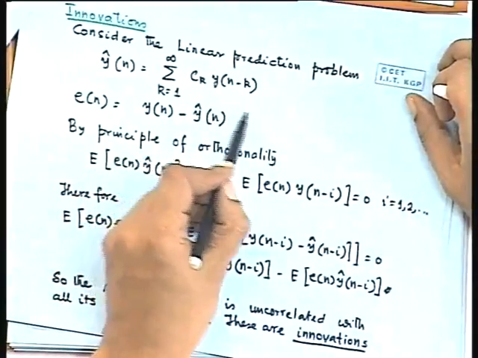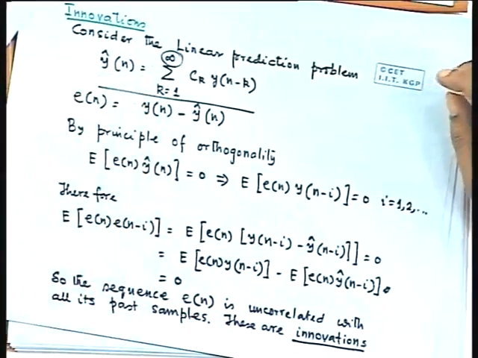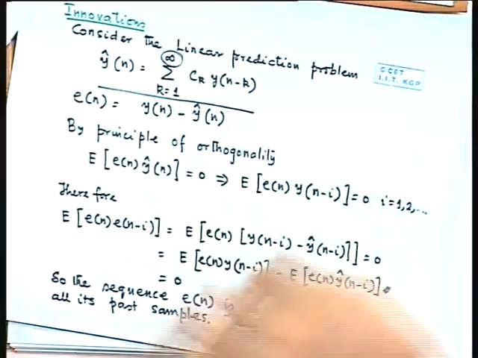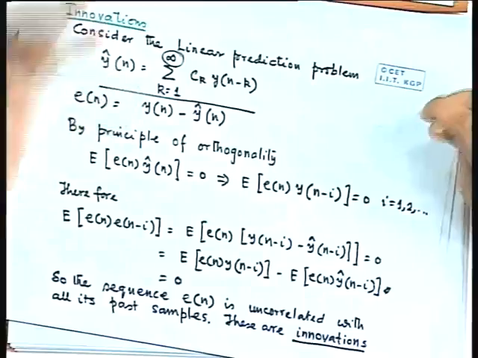So just consider this problem. The only thing is that I have considered this to be infinity, which is done in a Wiener filtering problem. That is, if you want to estimate it using an IIR filter rather than an FIR filter, then you will get an infinite number of terms. That is always true because the IIR filter has an infinite impulse response rather than a finite impulse response.